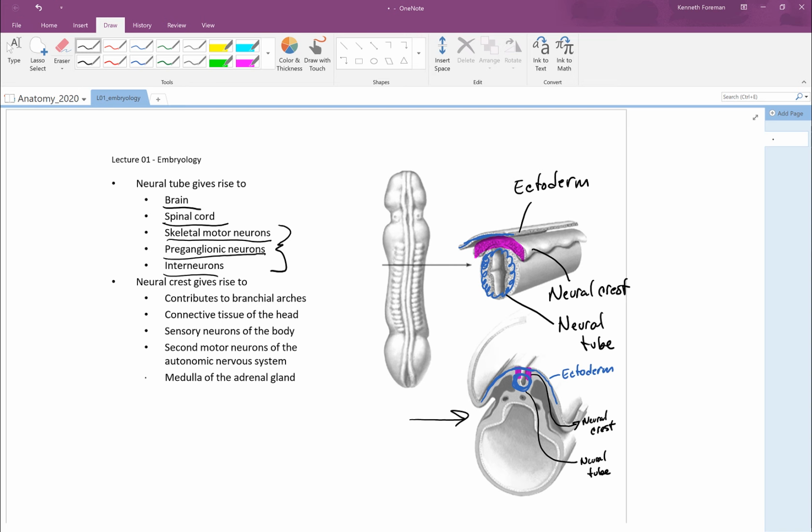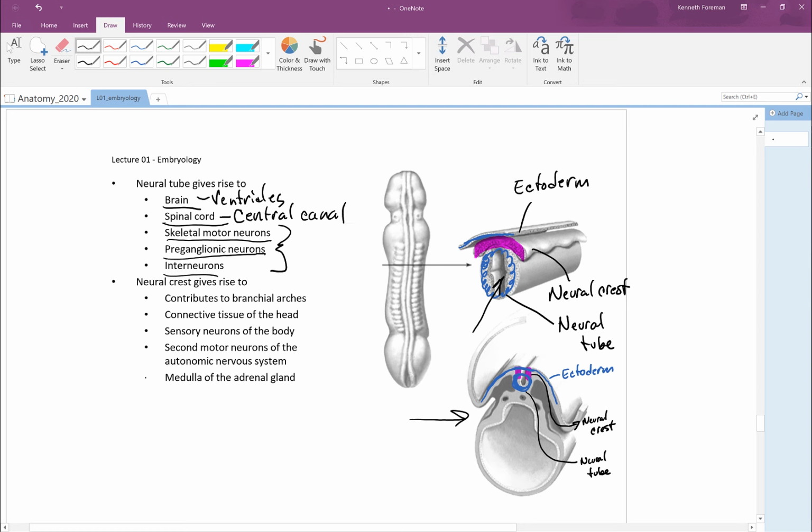But my question for you is, this is a tube, right? You can see how it's hollow. Is our brain hollow? Yes, absolutely. Why is our brain hollow? Well, we have ventricles. So you might ask, is our spinal cord hollow? Well, it is down into the cervical cord, where we have the central canal.